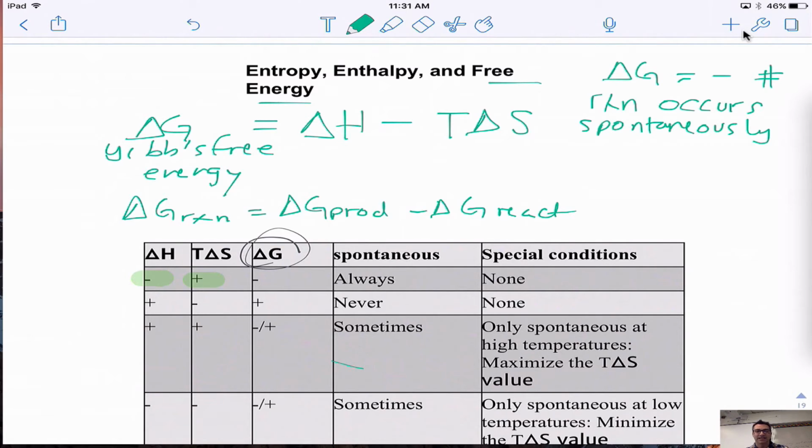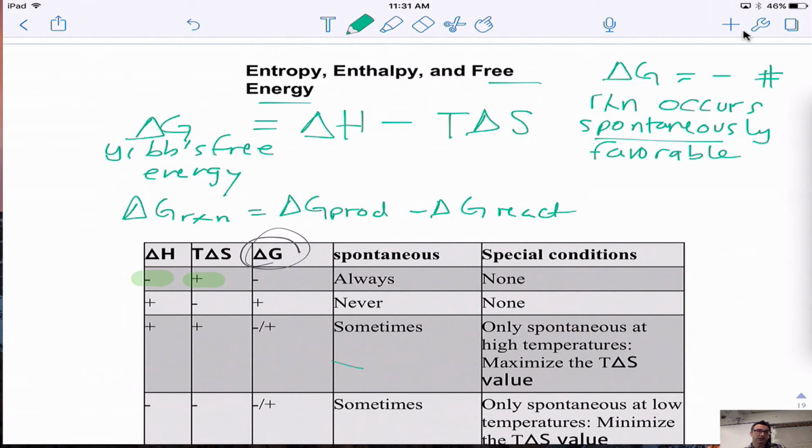But that's not the case. Spontaneously in chemistry just means that it is favorable, meaning that it will happen if you give it enough time. It could be slow, it could be fast. It's unclear how long it is. This doesn't tell you anything about the speed of a reaction or how fast it is.